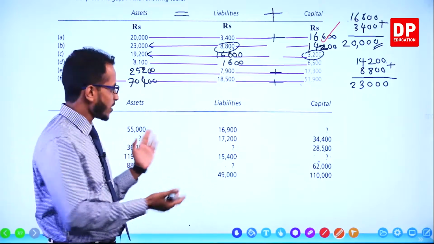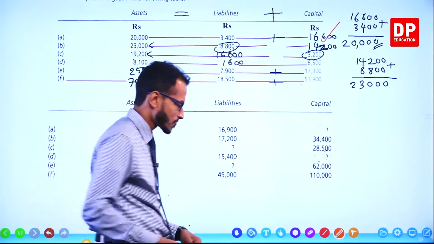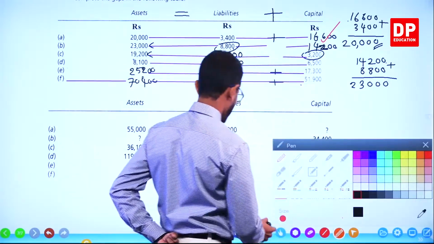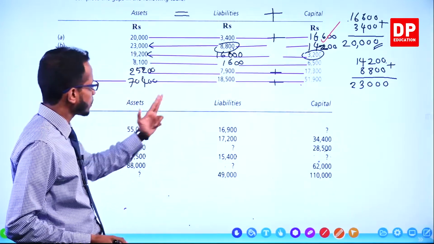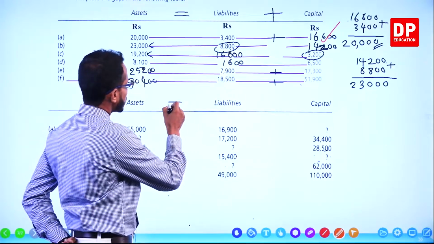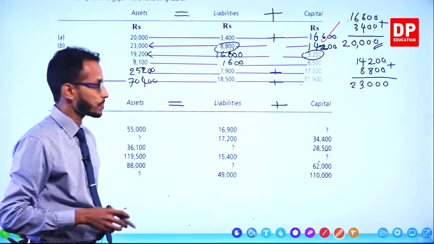Right, children, I hope you have done the second part of the exercise, finding the missing figure out of assets, liabilities and capital. I'll put the symbols here. Assets equals liabilities plus capital.